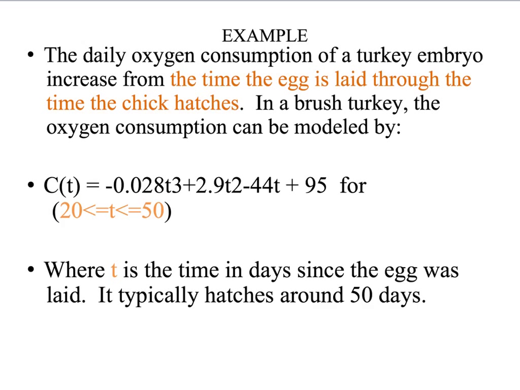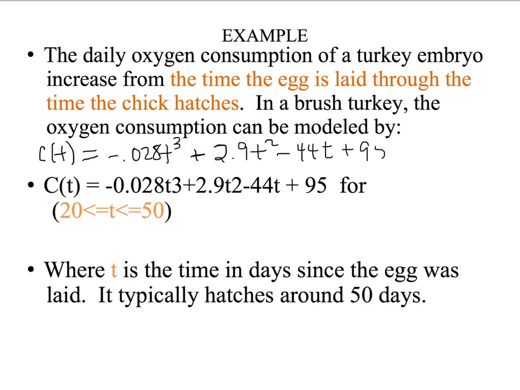So this function is actually C of t is equal to negative 0.028 t cubed plus 2.9 t squared minus 44t plus 95, where t is going to represent time, and we know it's going to be time in days since the egg was laid. It typically hatches around 50 days.